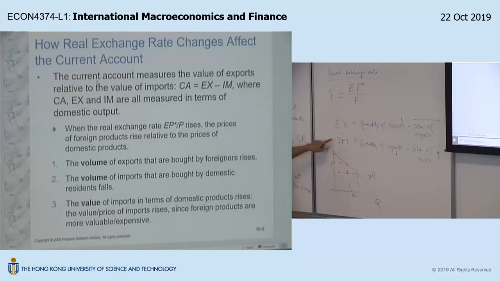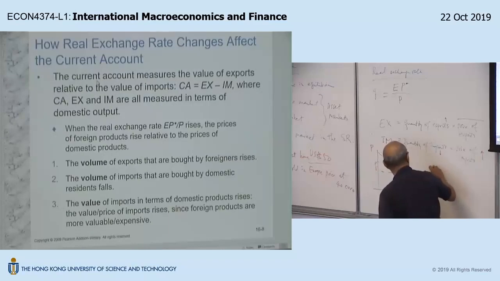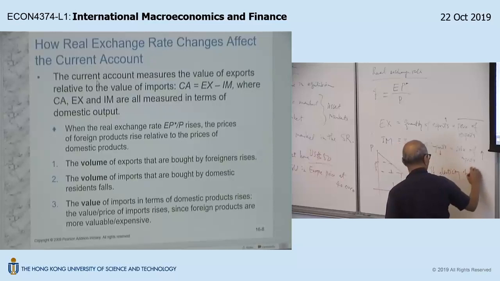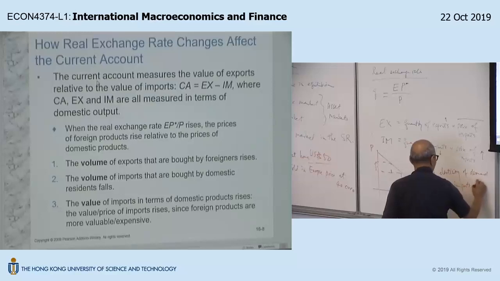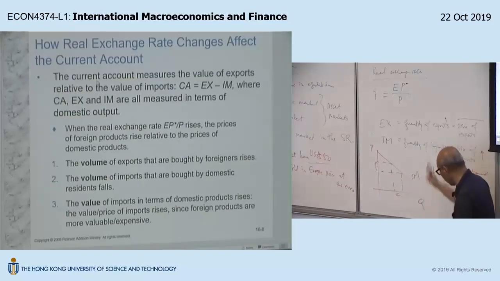So if the price elasticity of demand for imports is very low, then the demand curve is very steep, right?